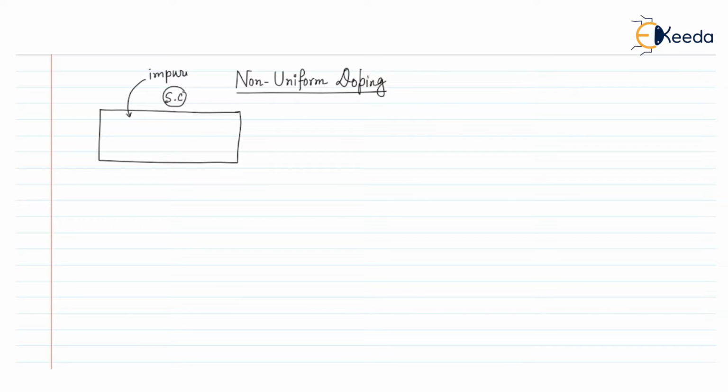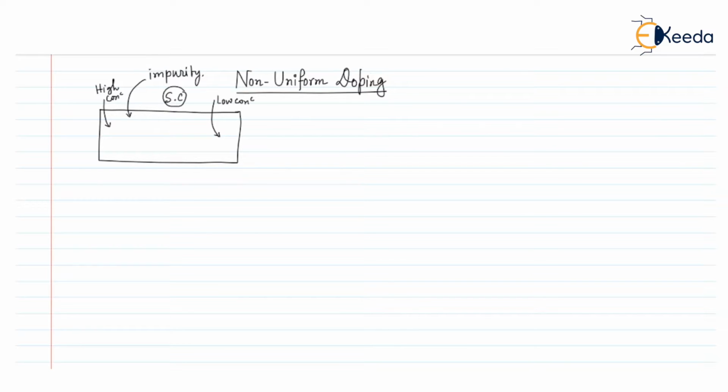Suppose we have a semiconductor bar like this and we are going to dope impurity atoms inside it. Let us consider that we are doping impurity at high concentration in this left region and at low concentration in the right region.